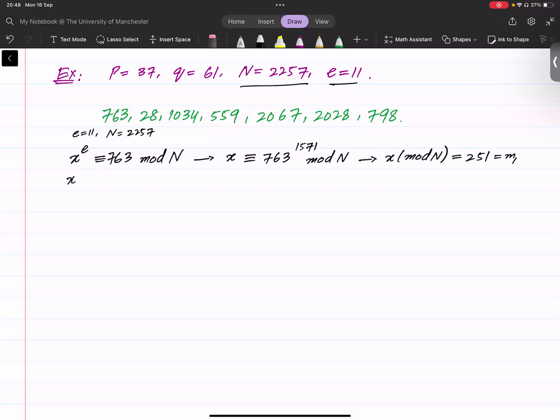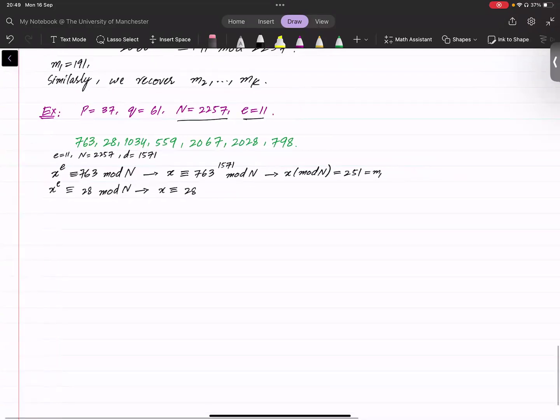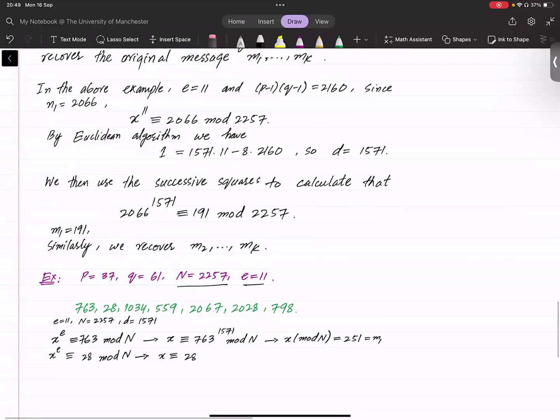Similarly, x to the power e is congruent to 281 mod n, and this will go to x congruent to 281 to the power d, and if you remember, the value of d is 1571, which is same.